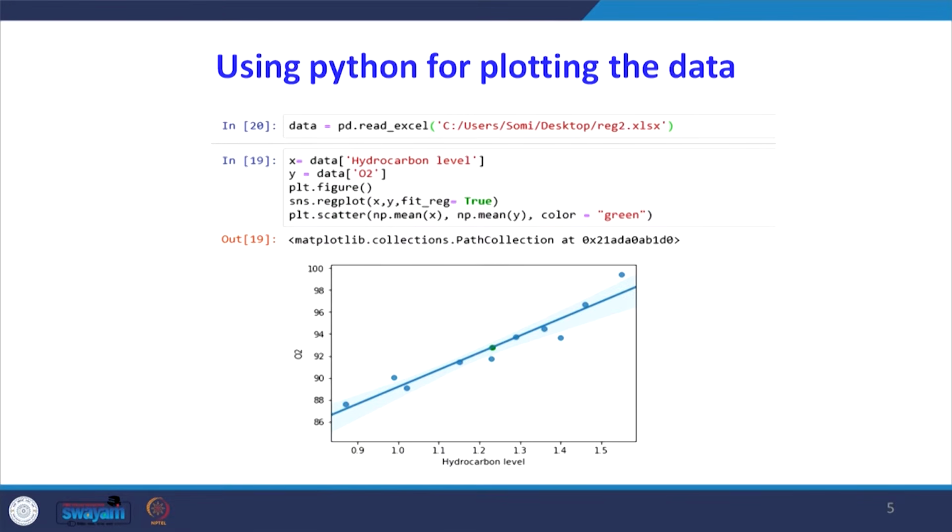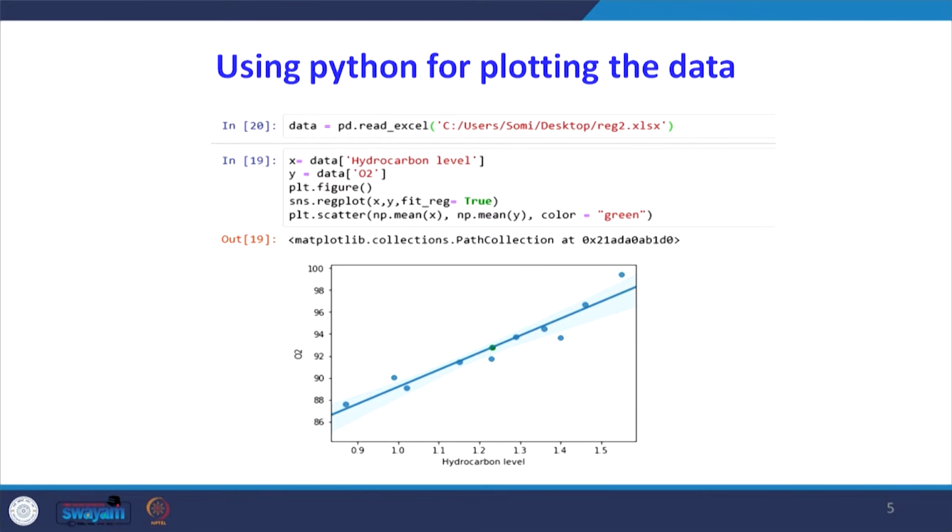I have entered this data in Excel and saved it; the file name is reg2.xlsx. I import the data using pd.read_excel, specifying the path. Then x equals the hydrocarbon level column of data, and y equals the purity column, which is my dependent variable.